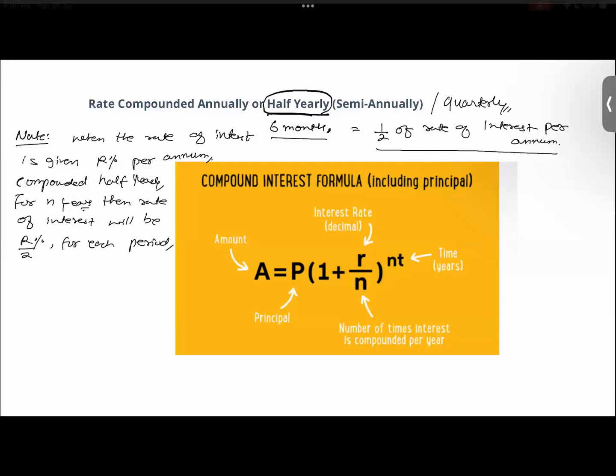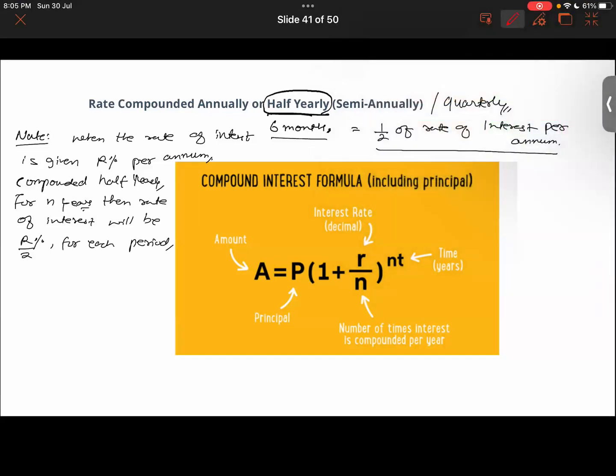As I said earlier, the year is getting divided into two periods, so it will be equal to half of the rate of interest per annum.